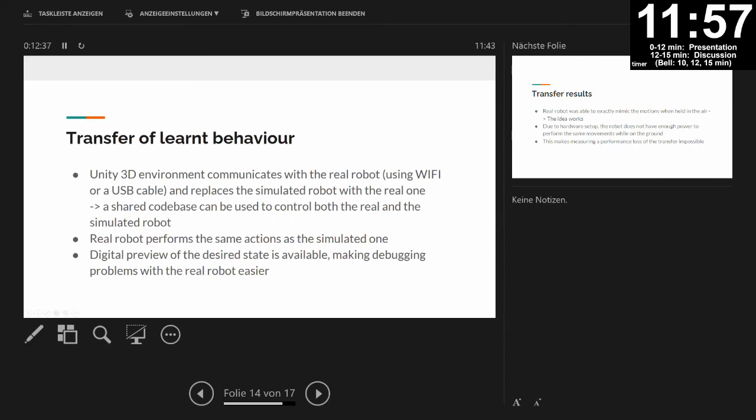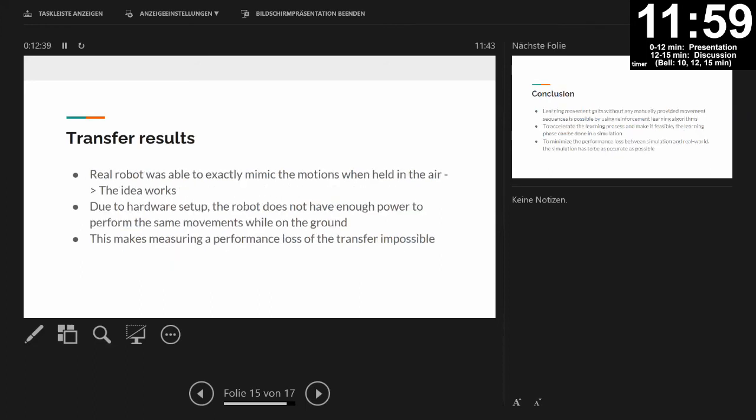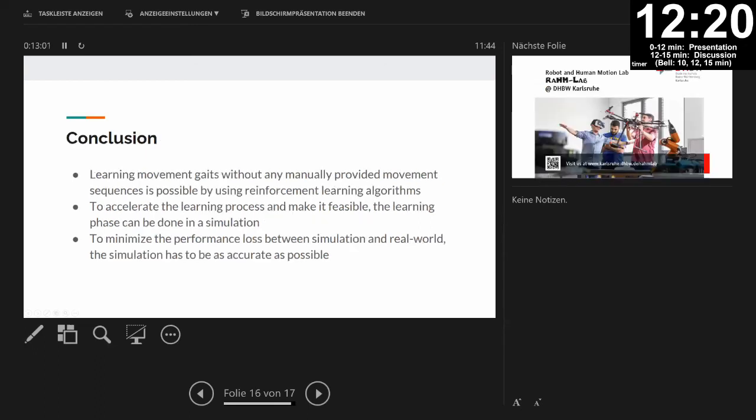But we saw that basically the idea worked. The robot mimicked these specific motions. We had these hardware setup problems, which we will get rid of in the near future. And we showed that it's basically possible to do this transfer from simulation to the real world with simulated learning.